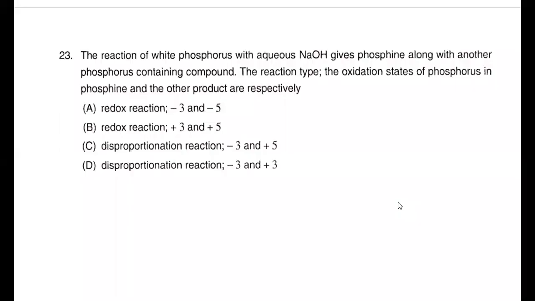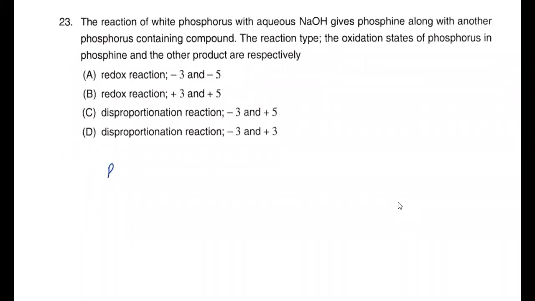Question number 23 is given: the reaction of white phosphorus with NaOH gives phosphine along with another phosphorus containing compound. The reaction type, and the oxidation states of phosphorus in phosphine and the other product respectively. So simply, first you have to write the reaction. White phosphorus when reacts with NaOH gives NaH2PO2 and phosphine. If you balance the equation, this is the equation.